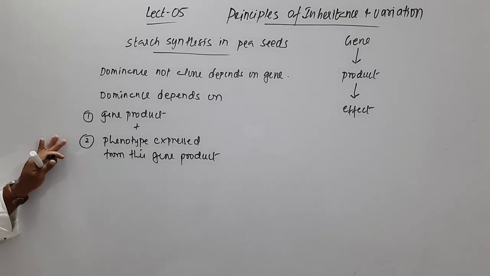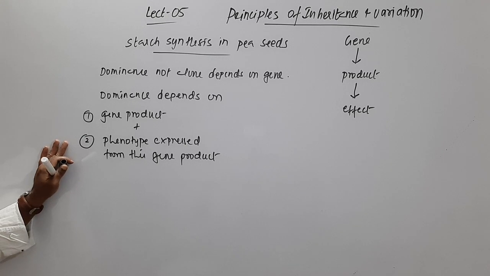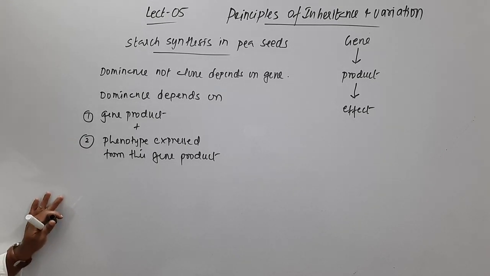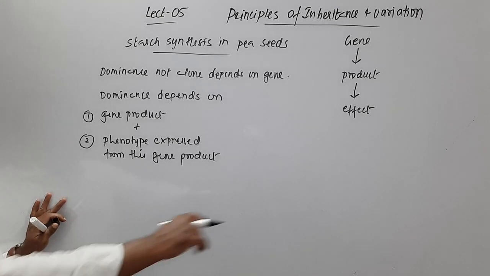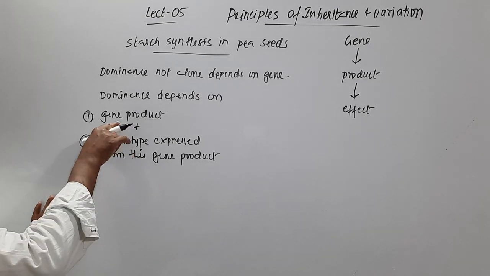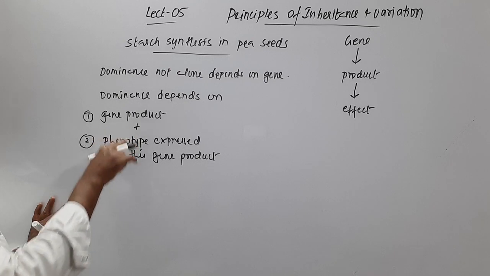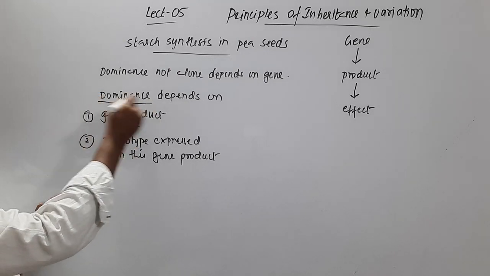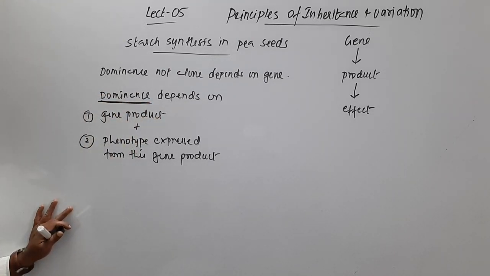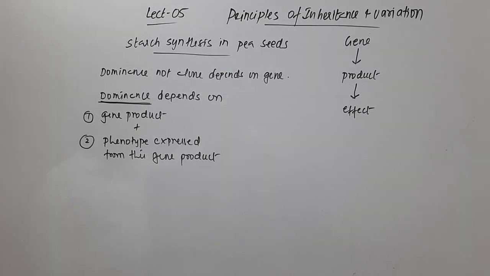So dominance depends on the gene product, and it also depends on the particular phenotype which is produced from this gene product. Both of them contribute to the dominance of an allele.